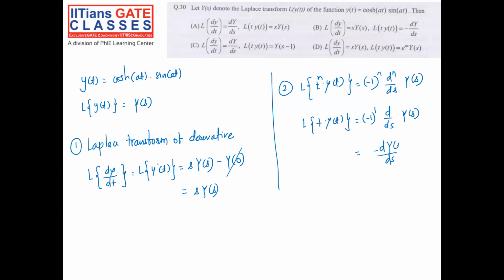Looking into the options, we can clearly say that option B is correct, because this is exactly matching with the solution which we got. So option B is correct for this question.